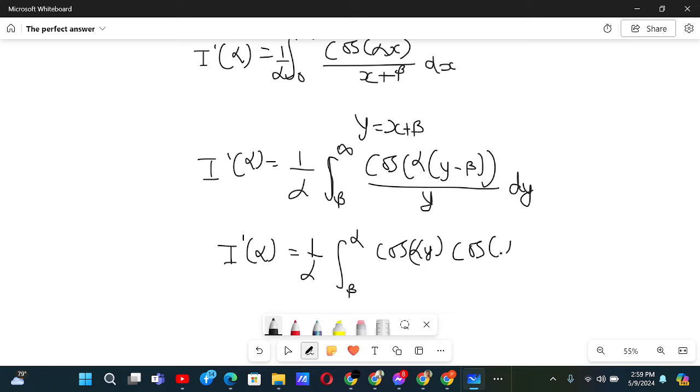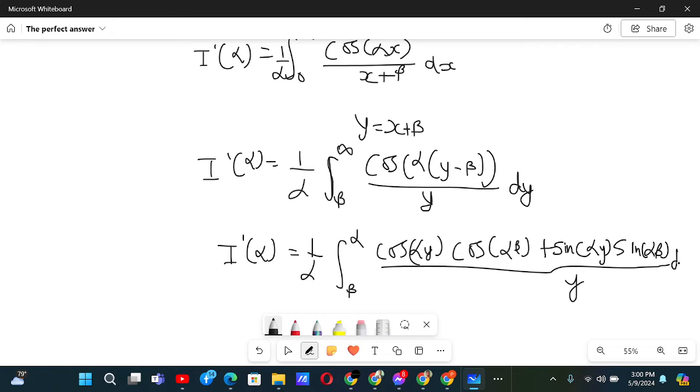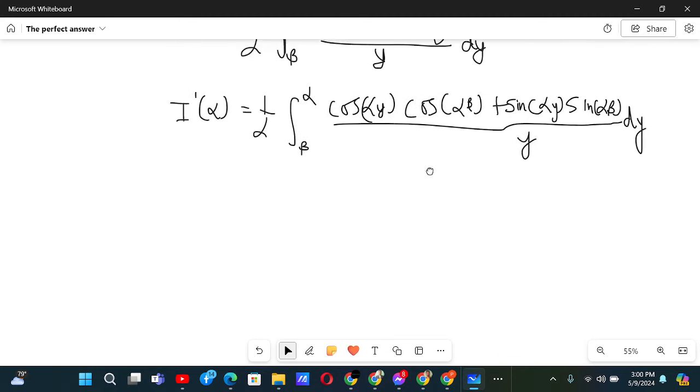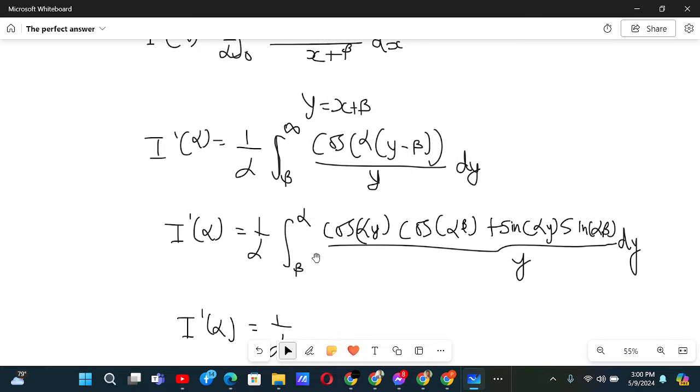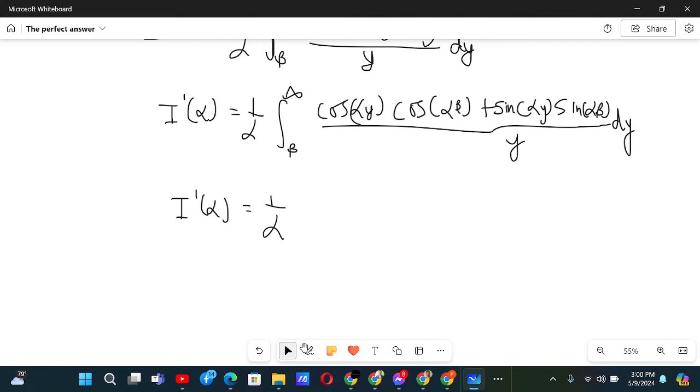Now this will be cos A cos B plus sin A sin B, divided by y dy. Now next we have I dash of alpha as 1 by alpha, and the limit is not alpha, it's infinity, the integral from beta to infinity.